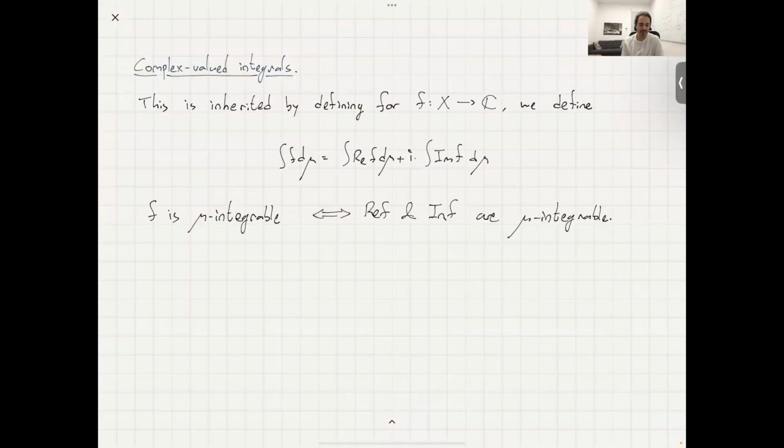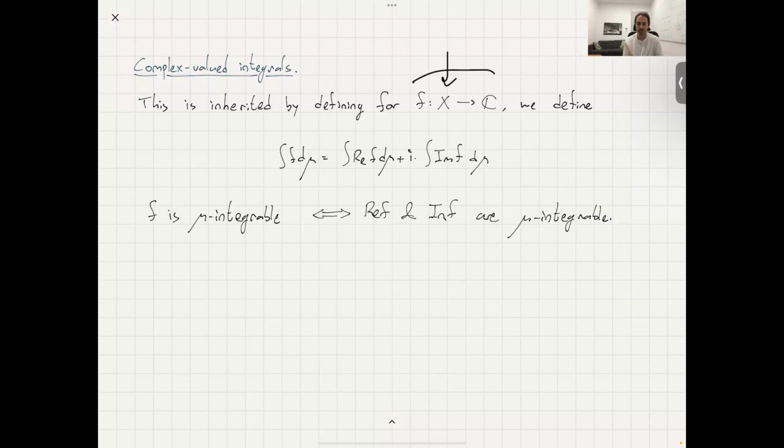Another remark is that we did everything so far for real valued functions, but you get a complex valued integrability theory for free because you can just reduce it to the real setting. For example, take a function from x to C, where x is some abstract measure space, and C is equipped with the corresponding Borel measure.